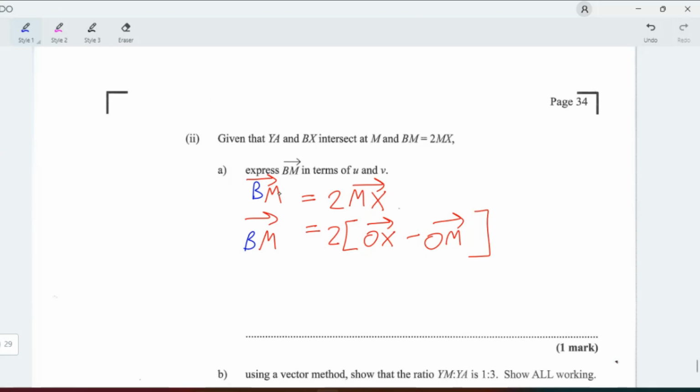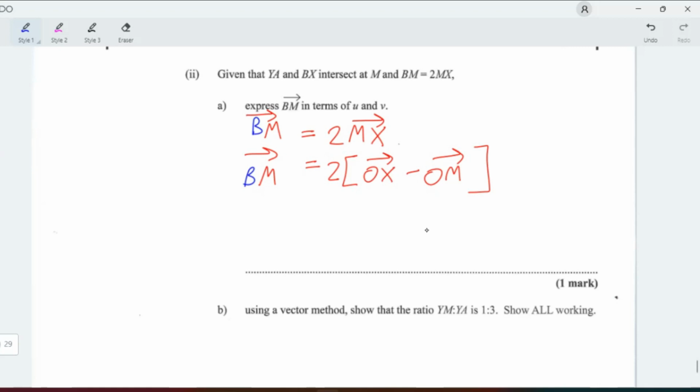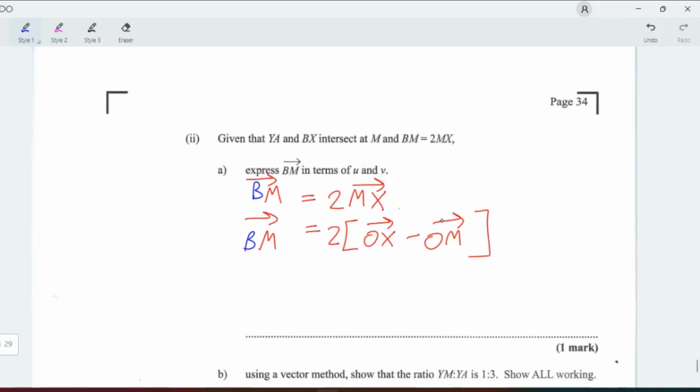We don't know OM, so we have to find OM first. Once we find OM, then we can find vector BM. So this would be OM minus OB.